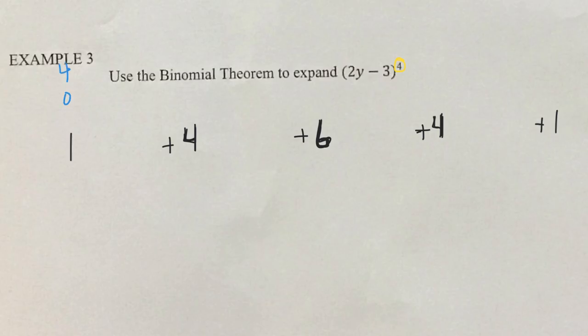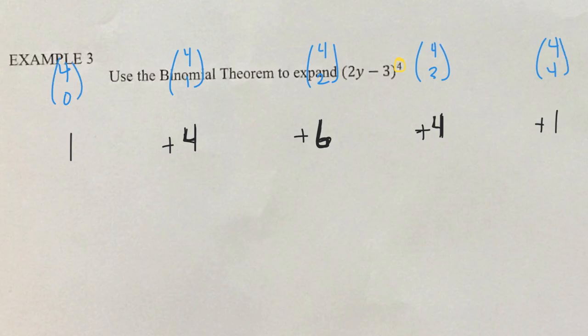So that's where we start. Those are our coefficients from Pascal's triangle. This is 4 choose 0. This is 4 choose 1. This is 4 choose 2. This is 4 choose 3. This is 4 choose 4. Right? We could also use our combination formula if we didn't have our Pascal's triangle handy. So now let's look at your first term, which is 2y, right?